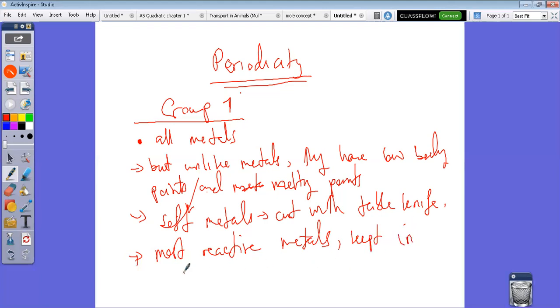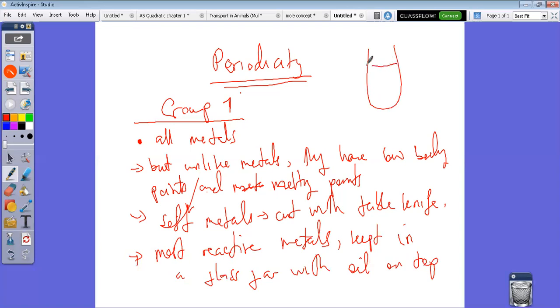They are kept in a glass jar with oil on top. Why oil on top? Oil provides a seal that prevents air from entering, so it prevents them from reacting with oxygen.